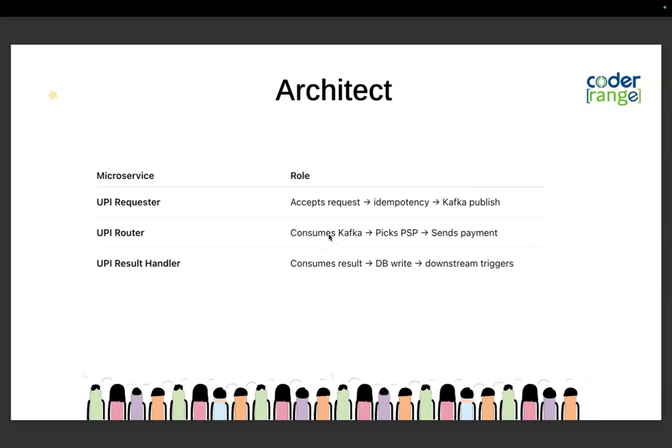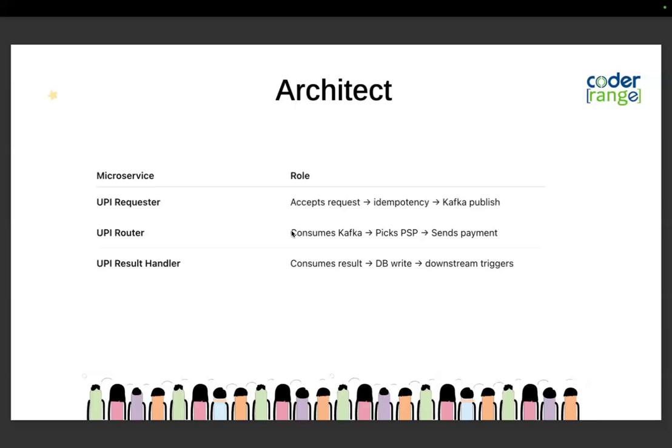Then the router consumes that Kafka message, picks the respective provider, and sends the payment. Then the UPI result handler consumes the result of your transaction and writes it into the DB. This is the core implementation of microservices they implemented here, and it is what made Paytm successful in scaling their users.